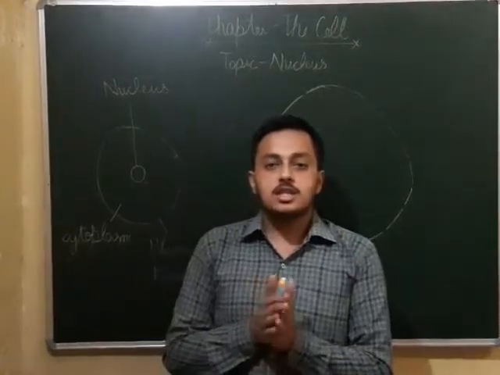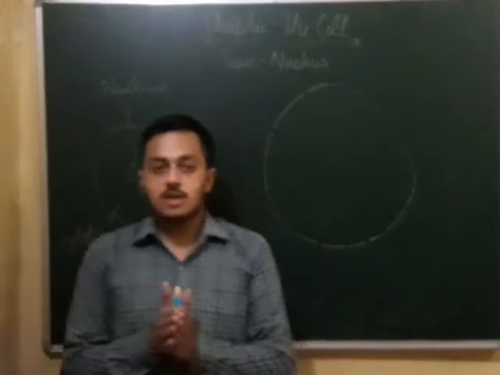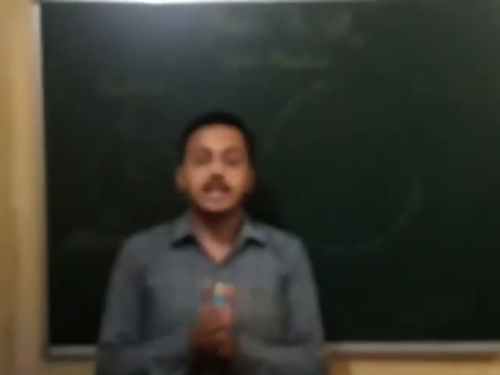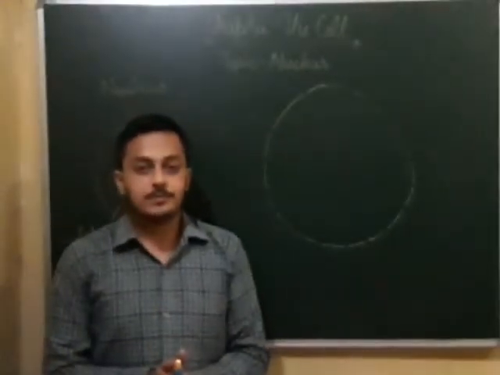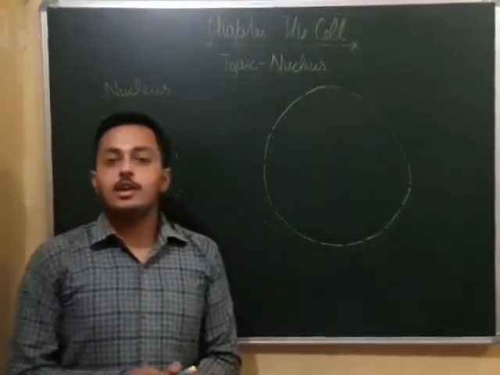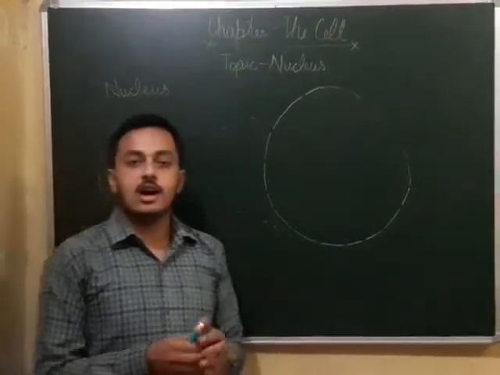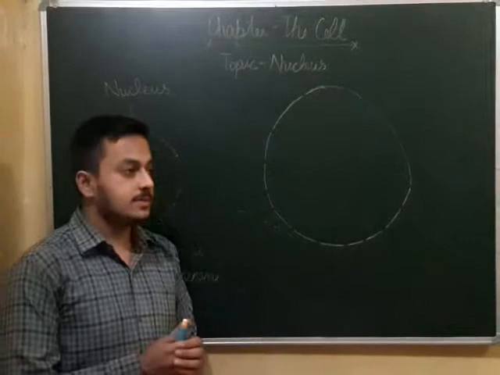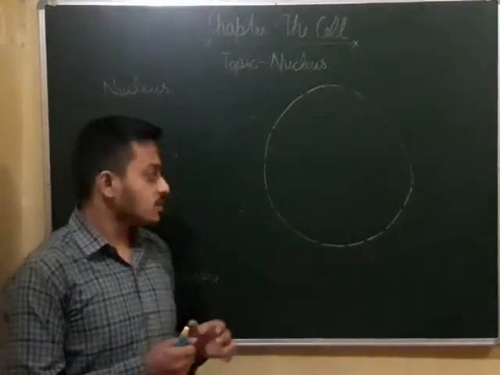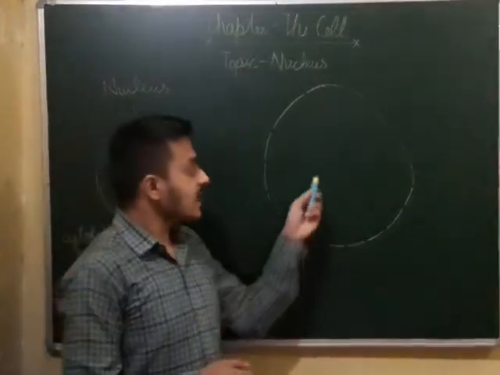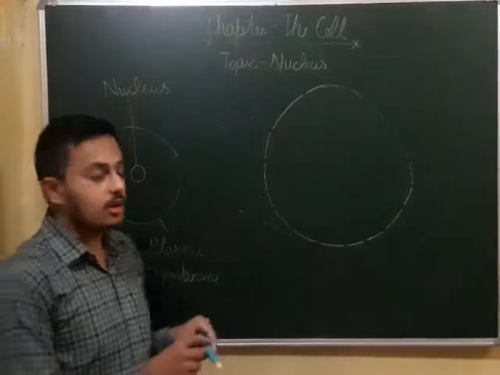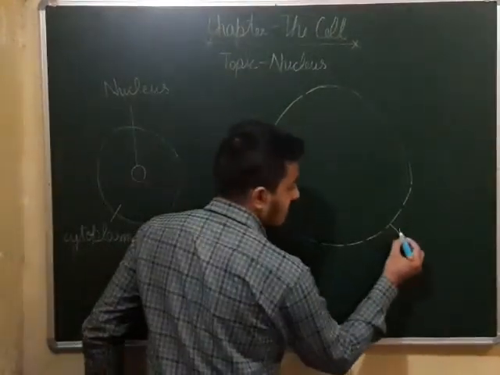So this is the information about the nucleus. Now what lies inside the nucleus? Actually, any object will have a membrane outside, so the nucleus also. The nucleus has an outer membrane called the nuclear membrane.